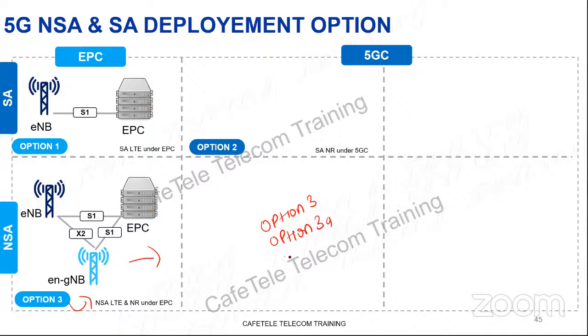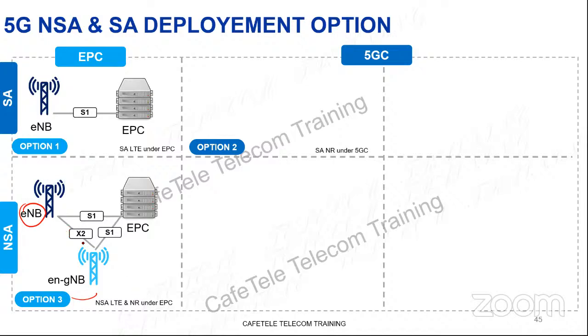So these are the options we have within the 3GPP RAN architecture procedure. If you want to know more about that, you can follow the spec 38.801. So here in this option 3X, eNode B and gNode B are connected to the EPC core network.